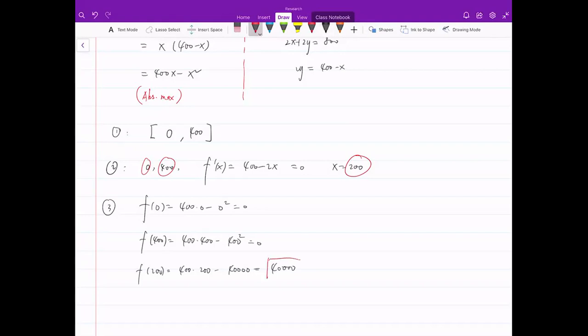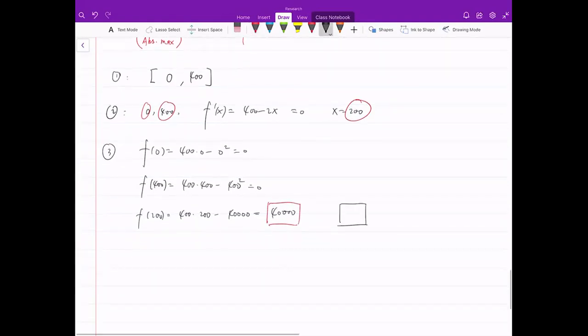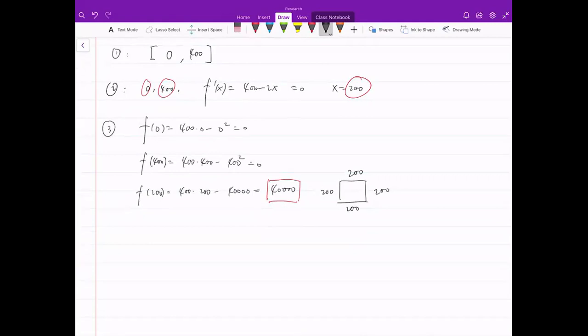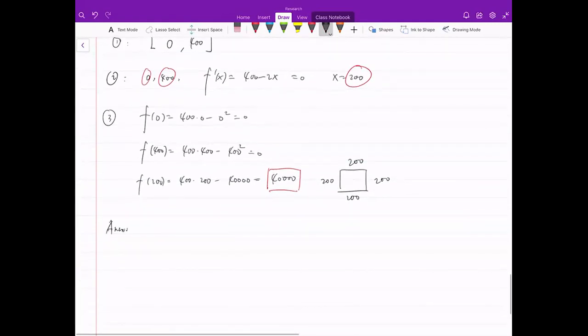This will be the maximum area corresponding to x equal to 200. Then the square one happened to be the biggest. Answer.